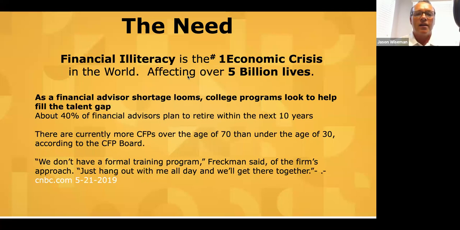And in combination with that, we have an industry that's been stuck in time and tradition, meaning that the pathway to transition into a career or even enter the industry coming right out of college, the training program, the methodology of making that happen, is quite antiquated. And the result of that is we have a massive shortage of financial advisors over the next decade. There are more CFPs, certified financial planners, over the age of 70 than there are under the age of 30.